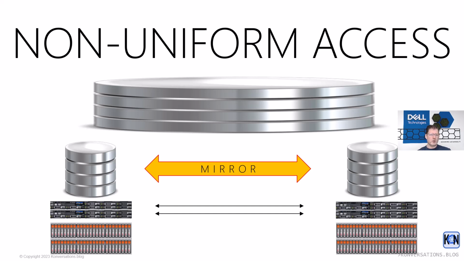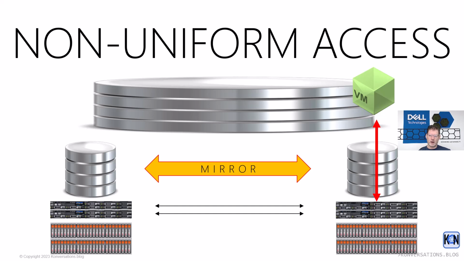So why is this called the non-uniform access method? Well, if I have a virtual machine that performs I/O to this controller, and I move the virtual machine, I can make the system so that I/O will still be local. So the locality of I/O will actually move with the workload. Yes, I still need to traverse the WAN, because whenever I write the data, that obviously needs to be mirrored across.